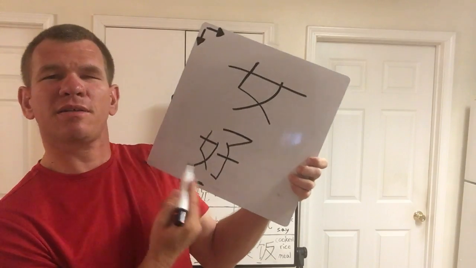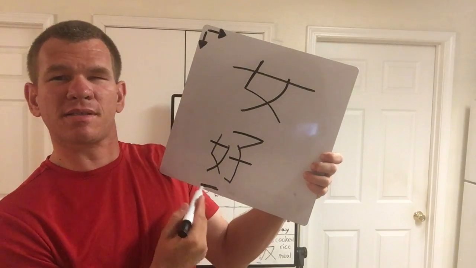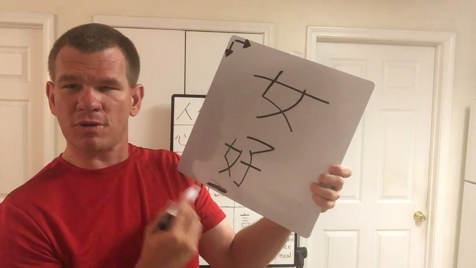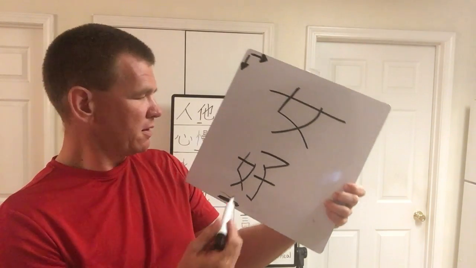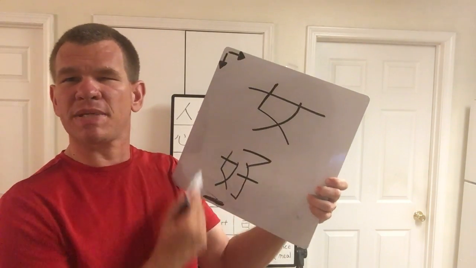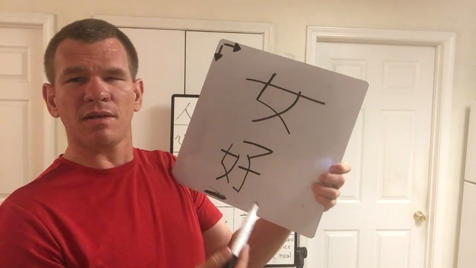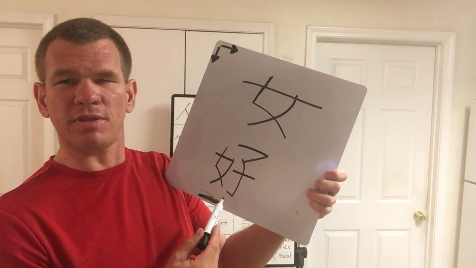So I mean, they look really similar to each other. The girl is the radical in this character. This character means good. So female or girl, and good.